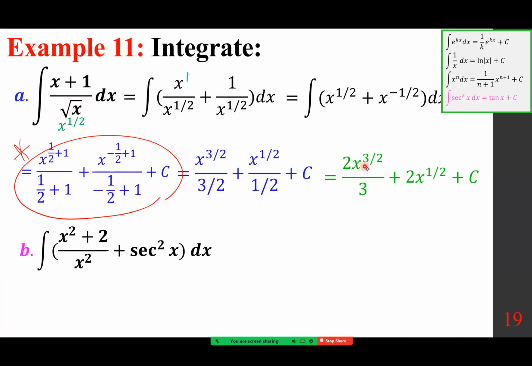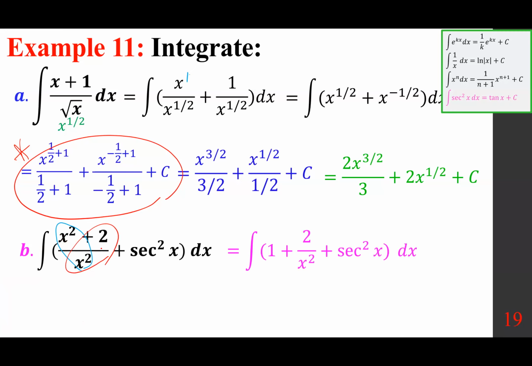We want to integrate this first. This one is two fractions, 1 and 2 over x squared. So that's the first thing we want to do. Now, one by one, we are going to integrate.